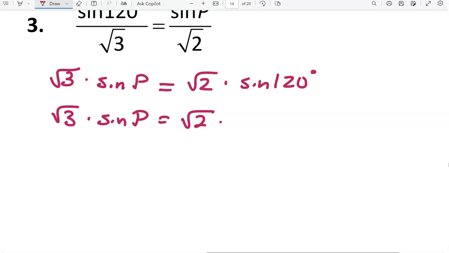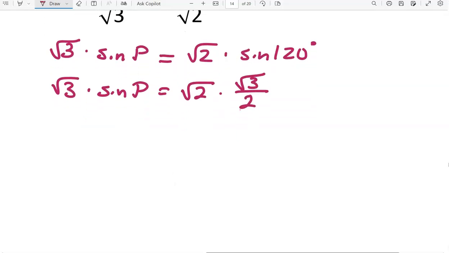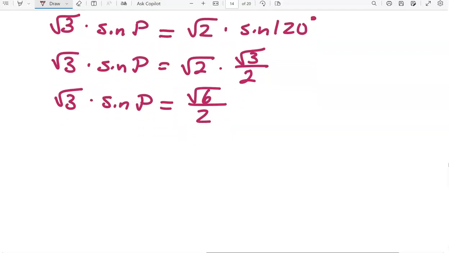The sine of 120 degrees is, let's see, that's going to be the square root of 3 divided by 2. And so from here we can simplify each side, and that will give us the square root of 6 divided by 2 when we multiply those two fractions together.